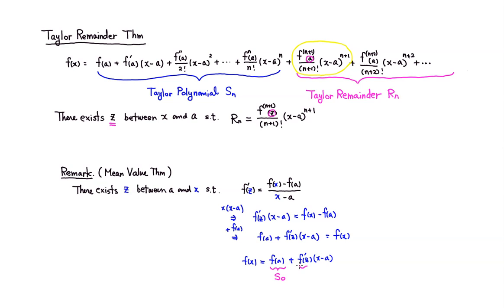And here, this is just the Taylor remainder theorem for R0, because in this case n is 0, so the n plus 1 derivative is the first derivative, so you have a first derivative at z there. Then 1 factorial is 1, so it doesn't show up. And then you have x minus a to the first power. So the mean value theorem is really the Taylor remainder theorem for R0.